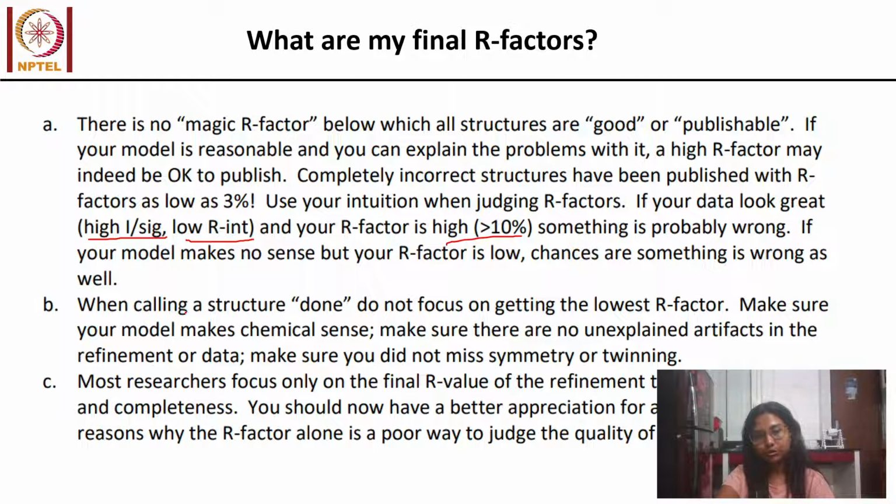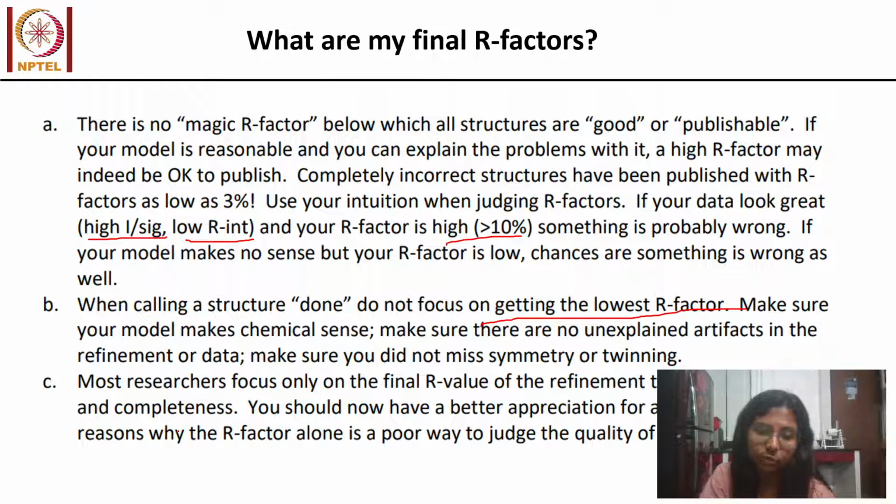When you are calling a structure done, do not focus on getting the lowest R factor. This is very, very important. You have to make sure that your model is making chemical sense, that there are no unexplained errors in the refinement, and that you did not miss symmetry or twinning.